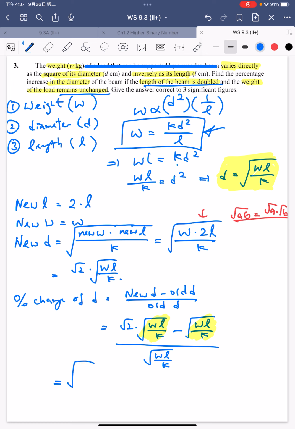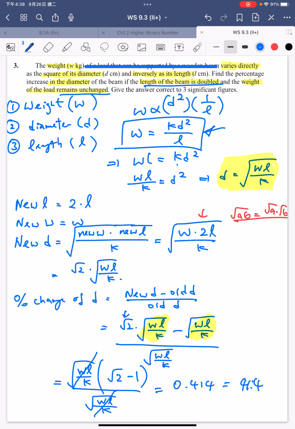Then what we are left with is the square root of 2 minus 1, and we keep our denominator, the square root of WL over K. And these two things are the same, so we eliminate them. Then using the calculator, you can probably get 0.414, which is equal to 41.4%. So this is equal to 41.4%. Alright, so that's for question 3.